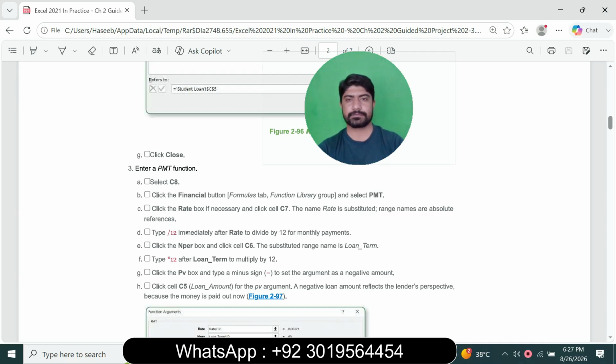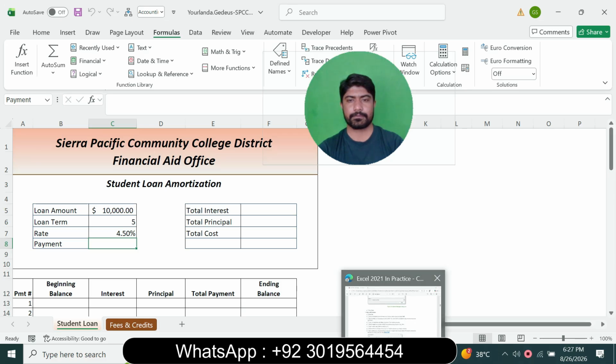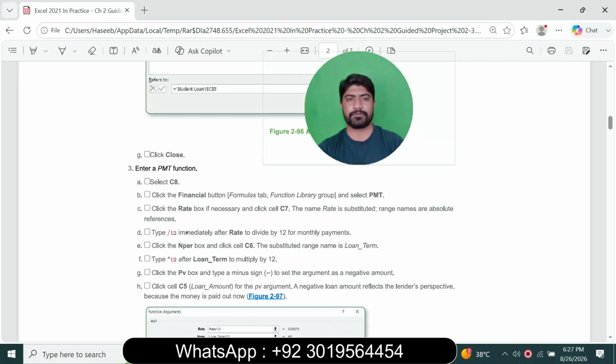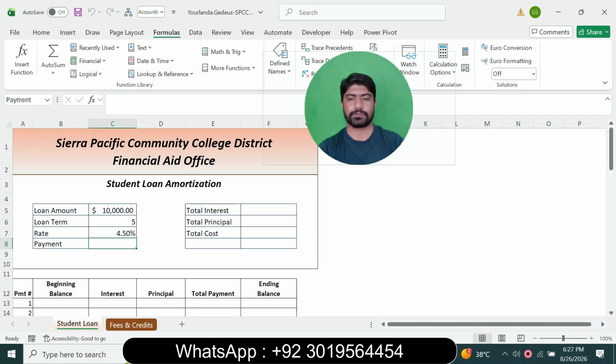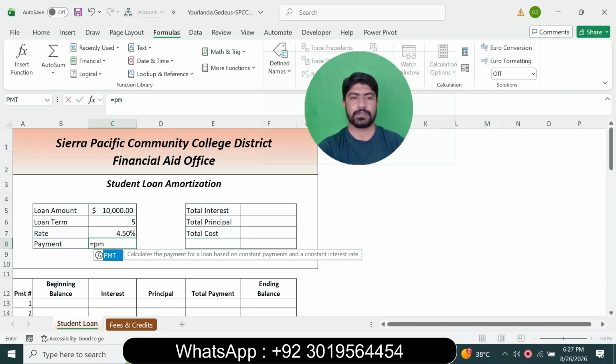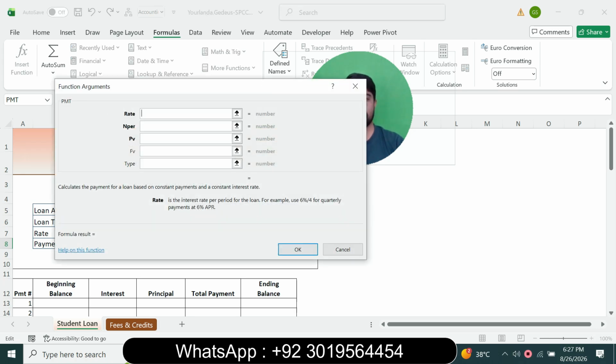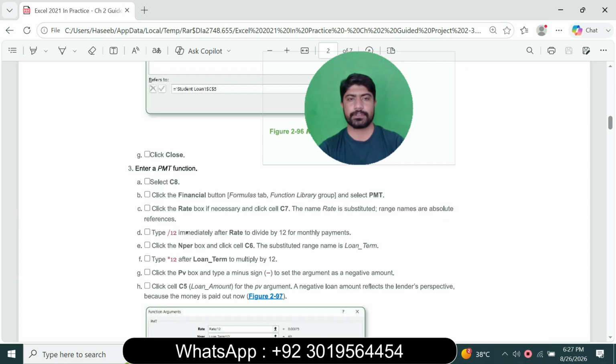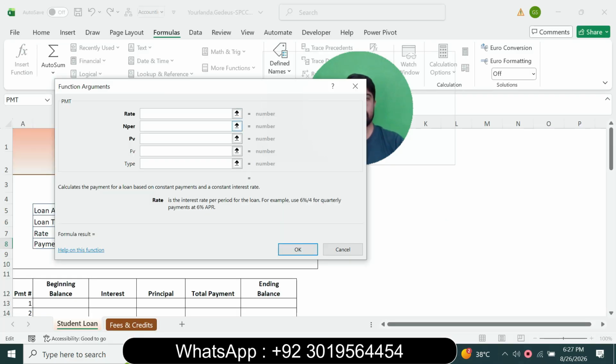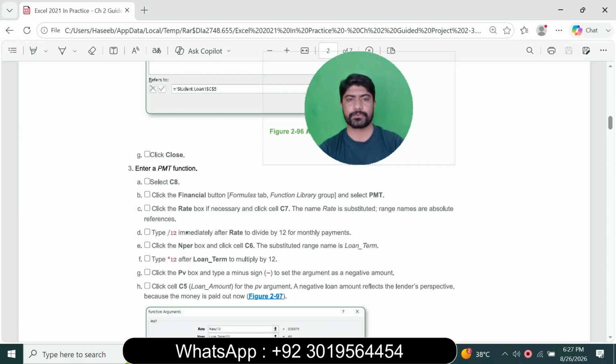Select cell C8 and click the Financial button, Formulas tab, Function Library group, and select the PMT function. Type equals and the PMT function to open the PMT function dialog box. Click the Rate box if necessary and click cell C7.